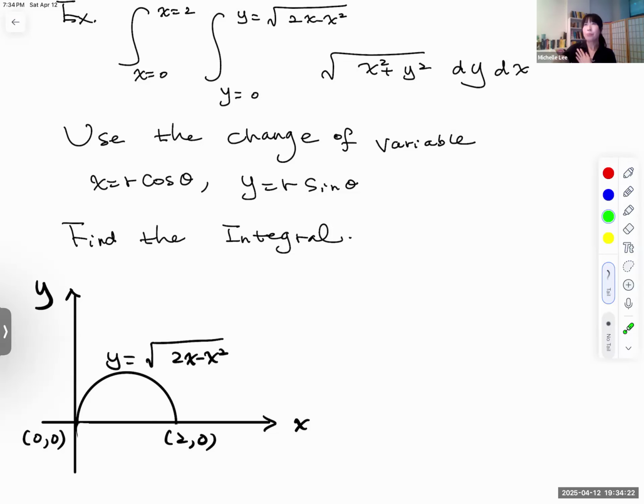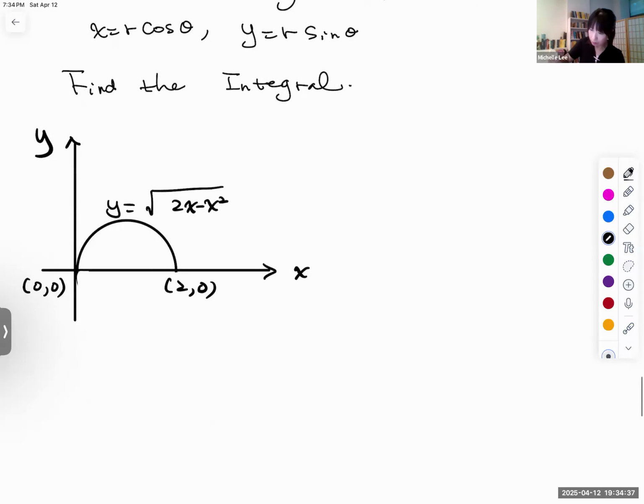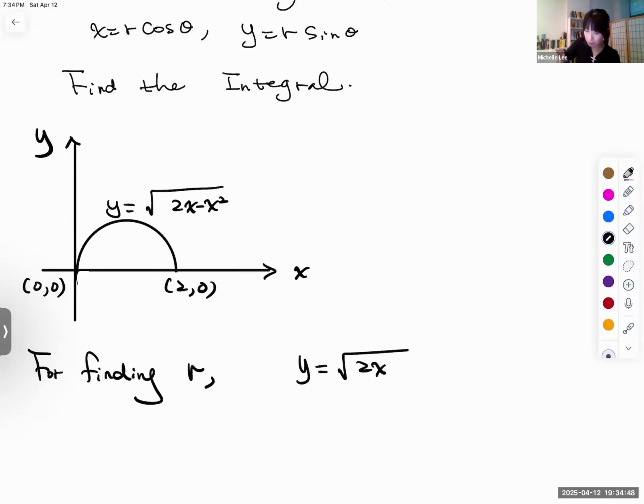Now we want to find the limit of r first. So we started with y equal to the square root of 2x minus x squared.